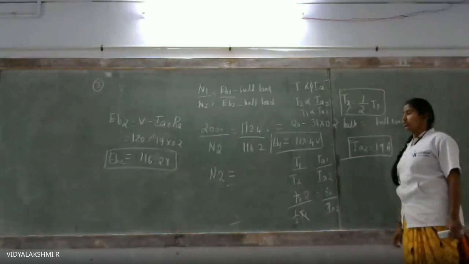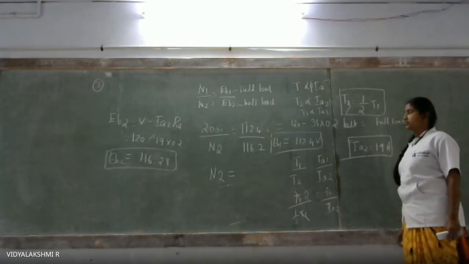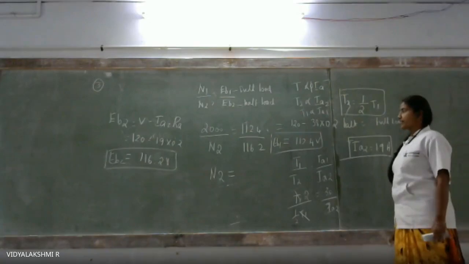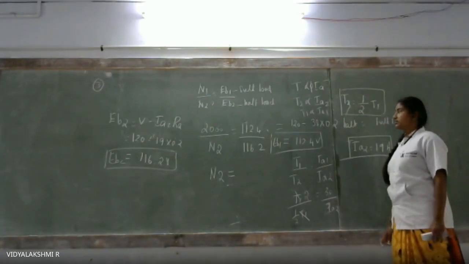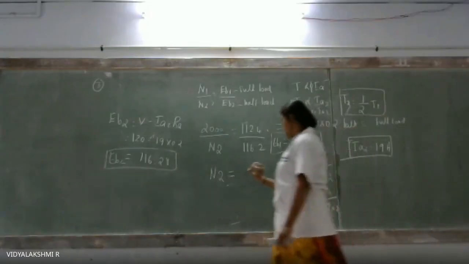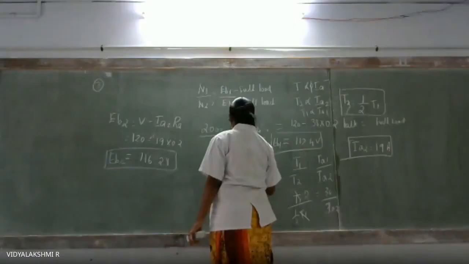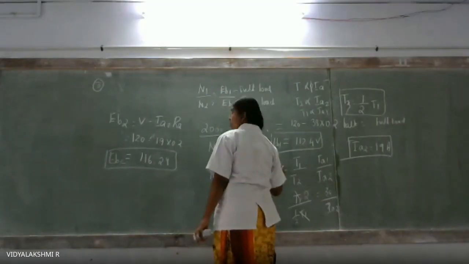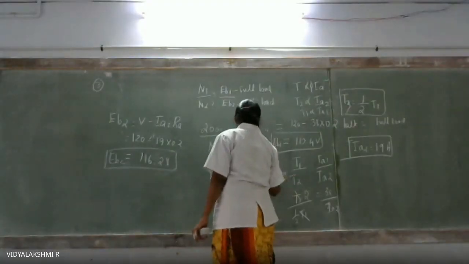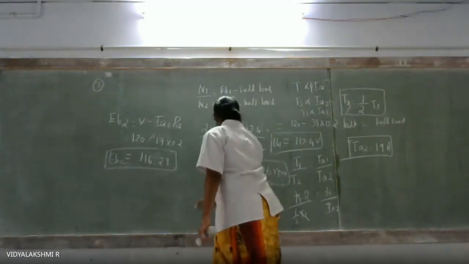What is N2? 2076.76. What is the unit? RPM. This is the full load speed value.